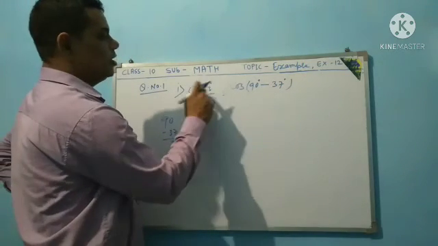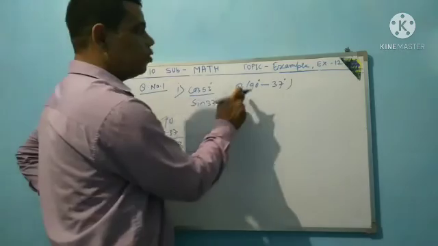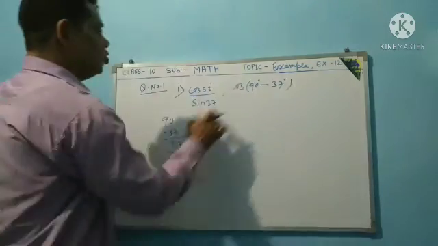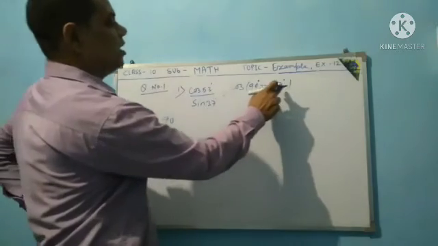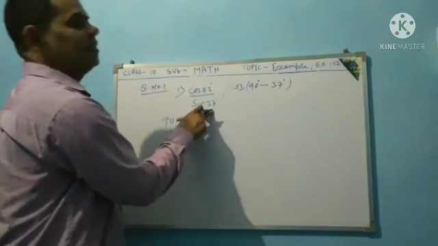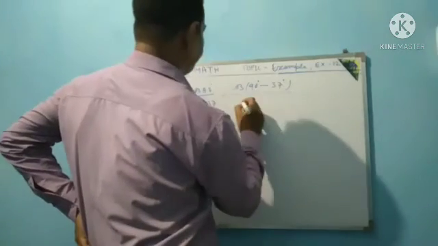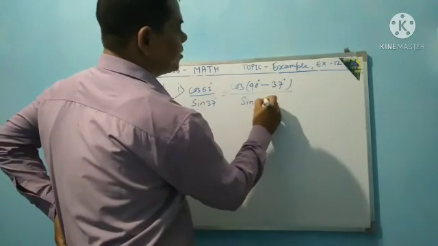So cos 53 degree we can write as cos 90 minus 37 degree. So that is cos 90 minus 37, and divided by sin 37 degree.